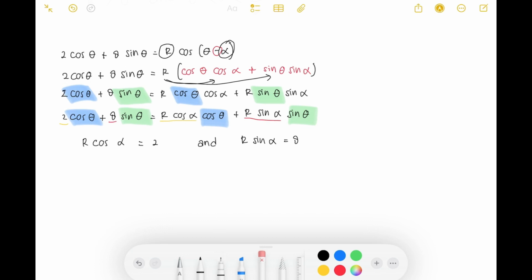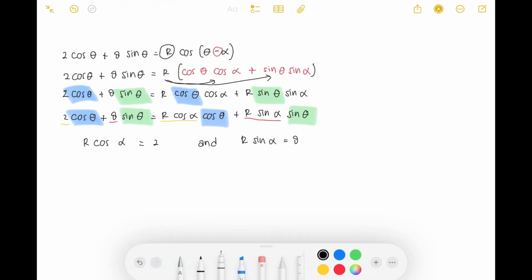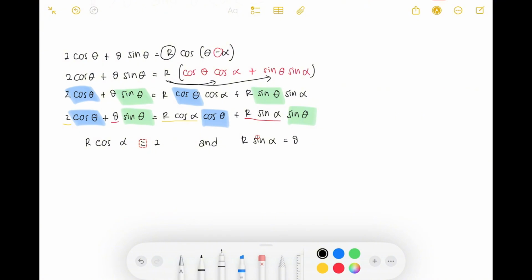That is a new equation, so that it will be equal later on with this equation right here. Okay, and what is alpha? We need to find the angle, so that the cosine of theta minus that angle will be the same with the equation on the left side. Okay, so next, first of all, I think we need to find the alpha first.